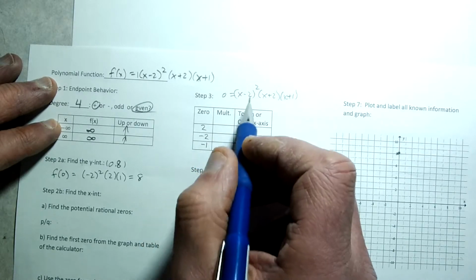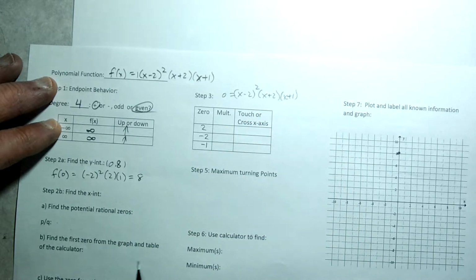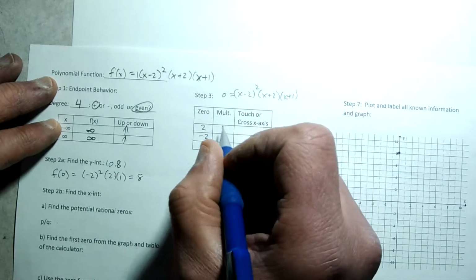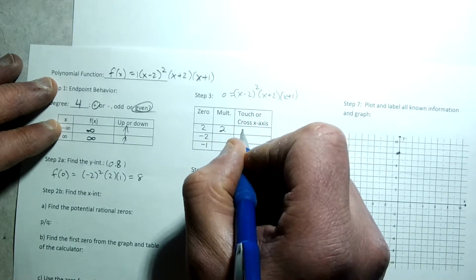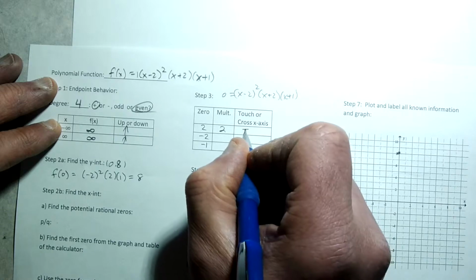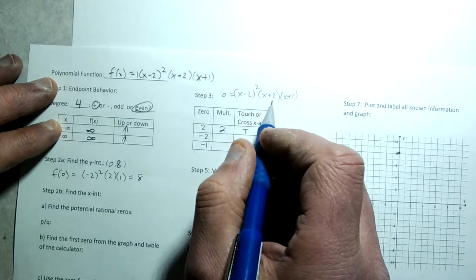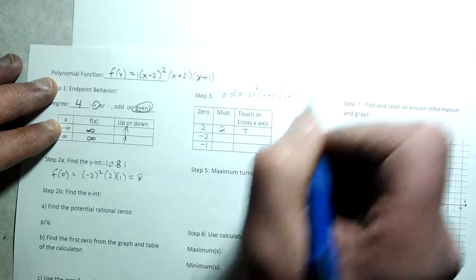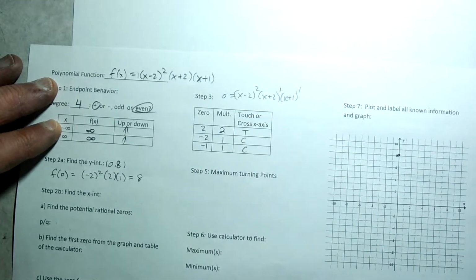And the multiplicity, because this is squared and there's 2 factors of 2, we're going to call this a multiplicity of 2, and our graph is going to touch at that point. At negative 2 and negative 1, we had a multiplicity of 1 here, and therefore it's going to cross at those points.